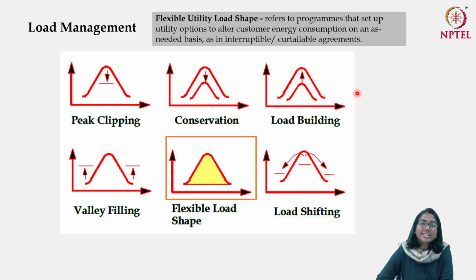So the utility itself will have control over different electrical equipment that has been installed in the customer's place. And if the utility thinks that a very peak demand is approaching, then they may disconnect the use of those particular equipment.